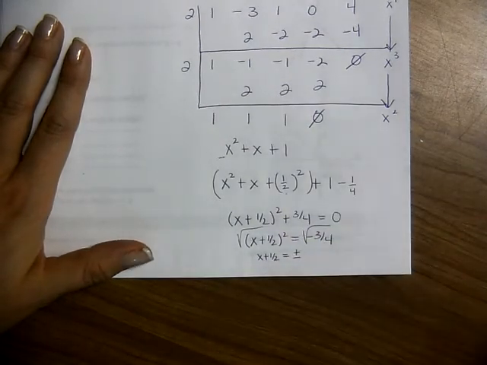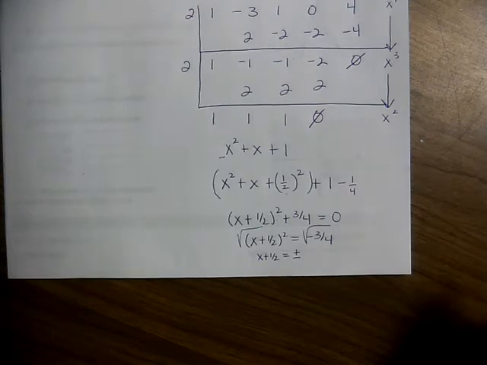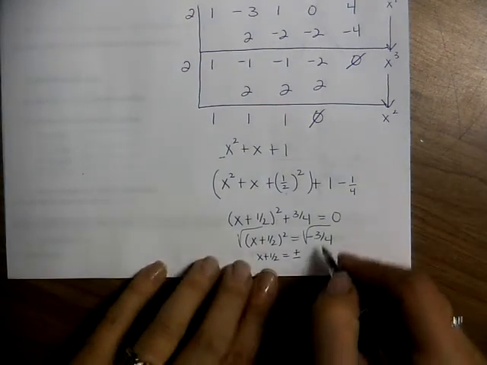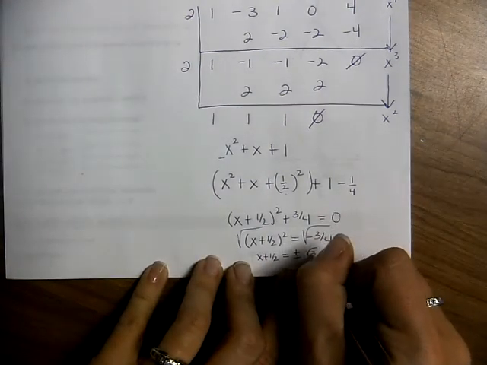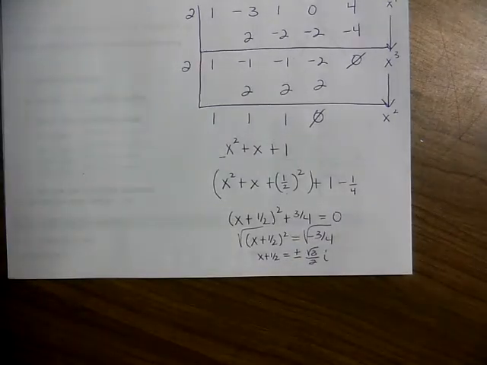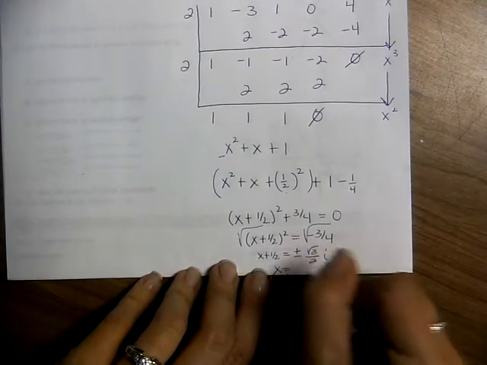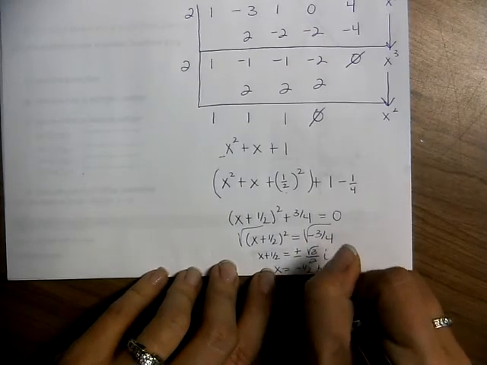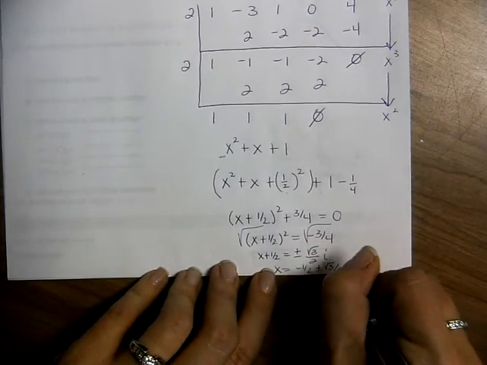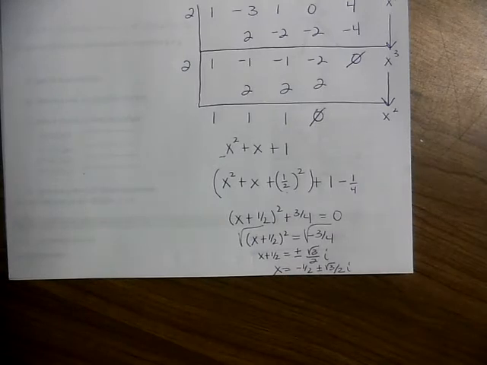Remember, you're still going to get a plus or minus when you're solving and you're taking the square root. This is going to result in the square root of 3 over 2 and then i, right? In order to take that square root, you have to deal with the fact that it's imaginary first. And then I'm going to bring over that 1/2. So I have x equals a negative 1/2 plus or minus the square root of 3 over 2 times i.